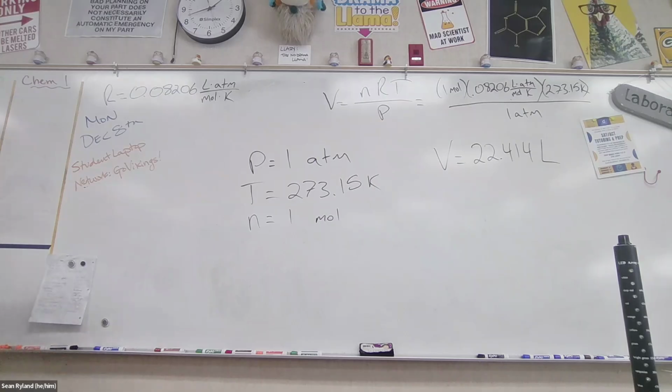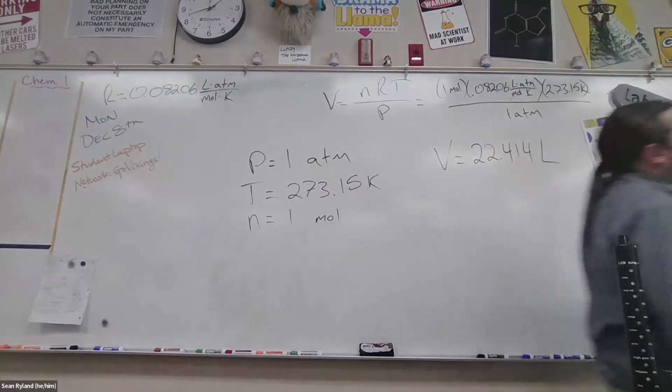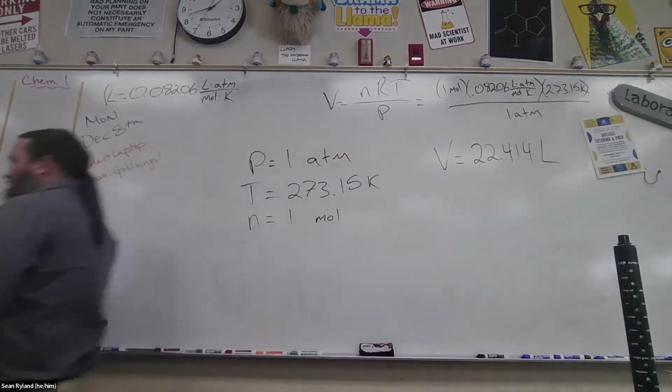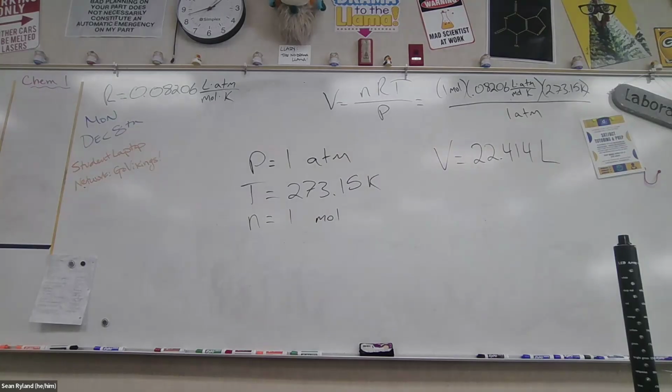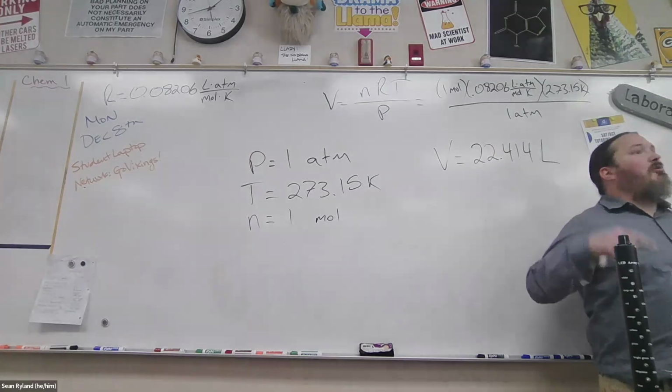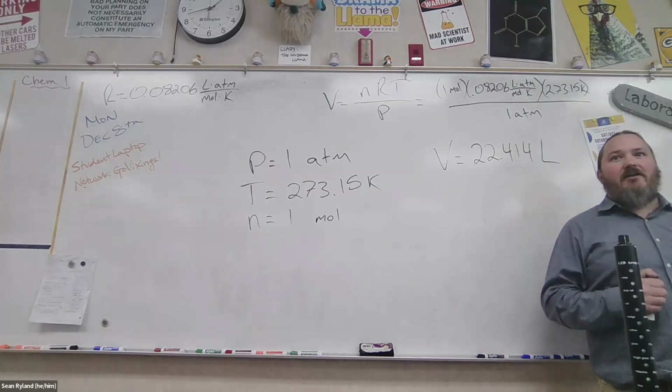In most conditions on Earth, gases are going to be pretty close to STP. In fact, up until the last 100 years or so, the other reason that 0 Celsius was chosen for standard temperature is that up until about 1900 or so, it was a pretty good estimate for your global atmospheric temperature worldwide.